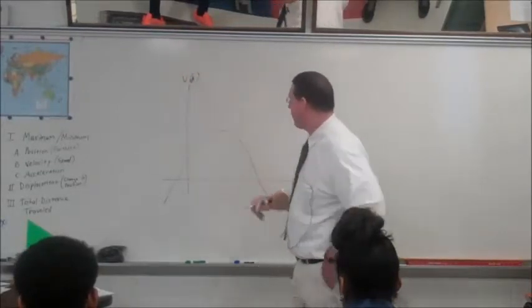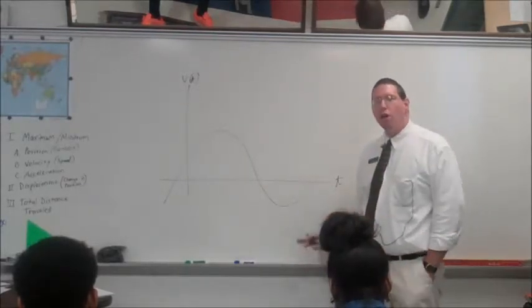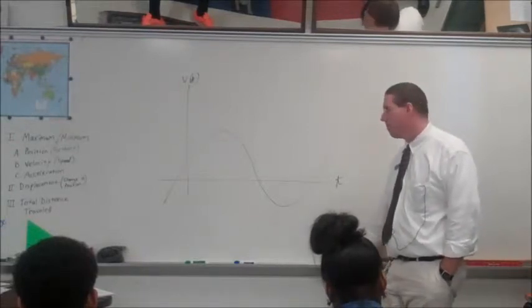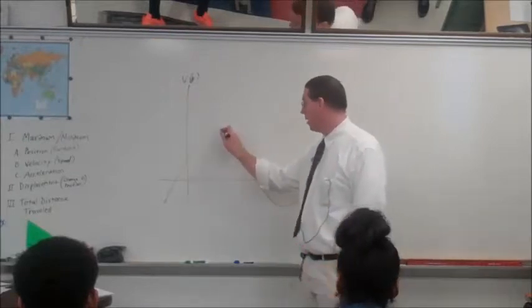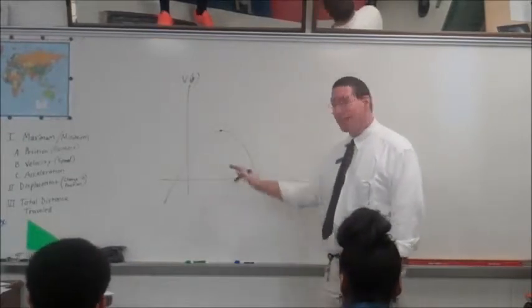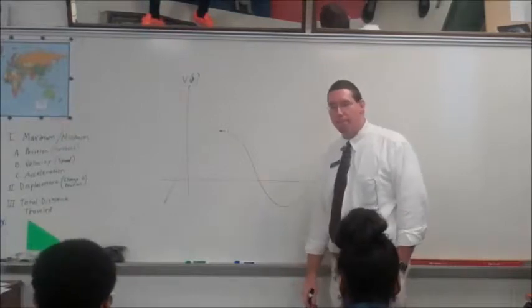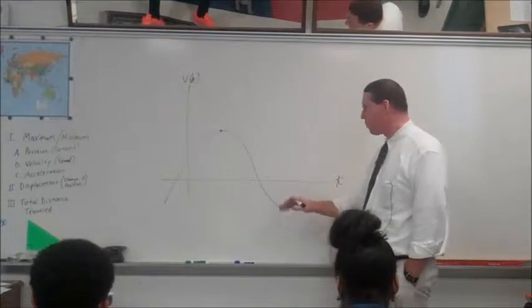So this is a graph of velocity over time. Now, on a graph, could you very easily identify the maximum velocity? It's right there. That's the highest point of velocity. Where's the minimum velocity? Right here. That's the lowest point of velocity.